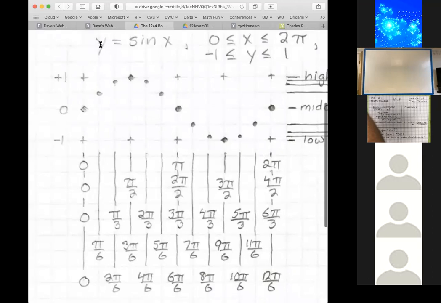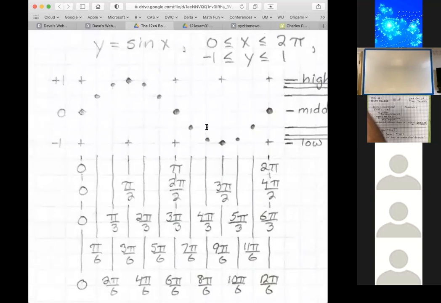Now, I know that when you have a different graph, you'll have to change the period. You'll have to change the vertical scale. You'll have to go through several changes, but these dots don't change. If it's a minus sine graph, then it's upside down. The dots are upside down. They're low first and then high. But the dots' positions relative to each other don't change.